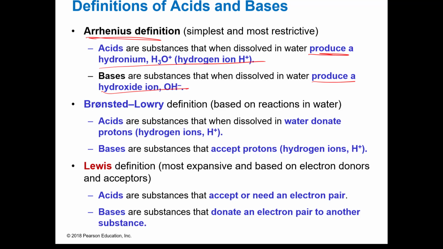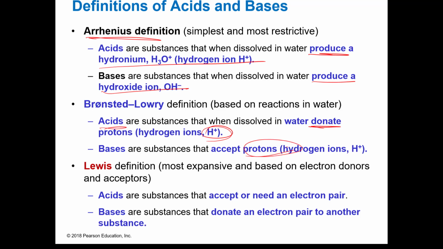Now, that was great at the beginning, but as we moved forward in chemistry we found that it did not cover all the instances. And so the Bronsted-Lowry definition, which was based on reactions in water, said that acids still donate protons, the H plus, but bases accept protons, the H plus.